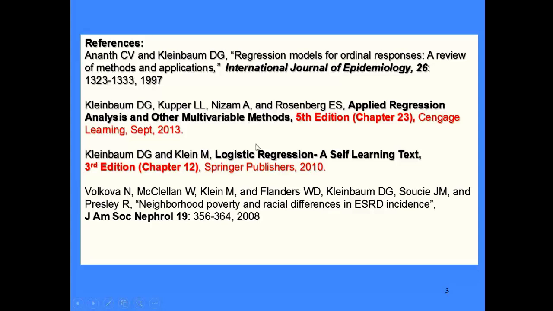In the logistic regression textbook, this book, chapter 12, which I hope maybe you've read by now, talks about polytomous logistic regression. In the textbook that you had last semester, by myself, Larry Cooper, Nizam Rosenberg, there's chapter 23, which talks about polytomous and ordinal logistic regression, and the polytomous one does it in the context of this study.